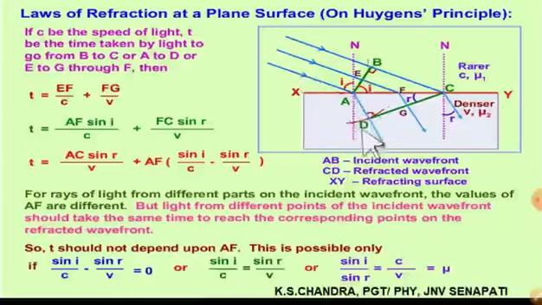The incident ray, the normal, and the refracted ray are drawn in the cross section, so they lie on the same plane of your screen or paper. That proves the second law of refraction: the incident ray, refracted ray, and the normal at the point of incidence all lie in the same plane and meet at the point of incidence. Got it?